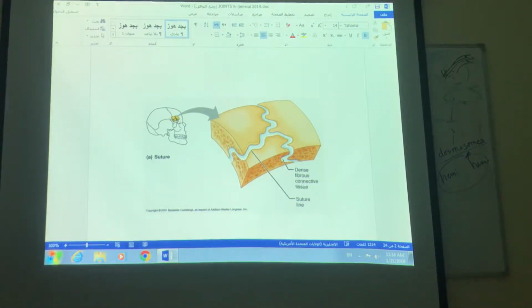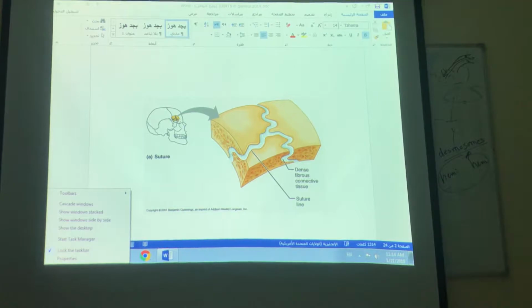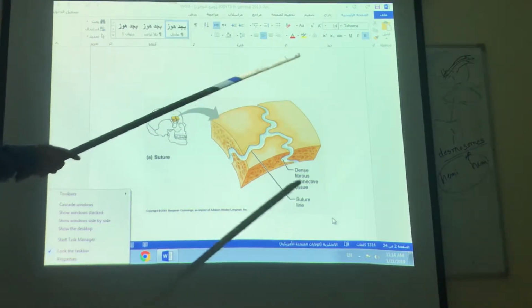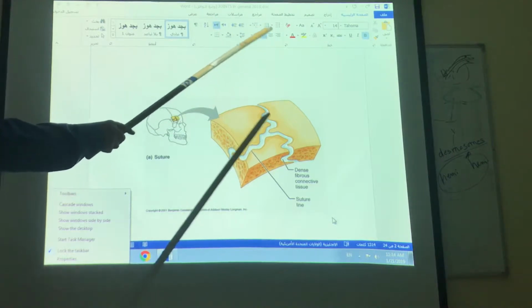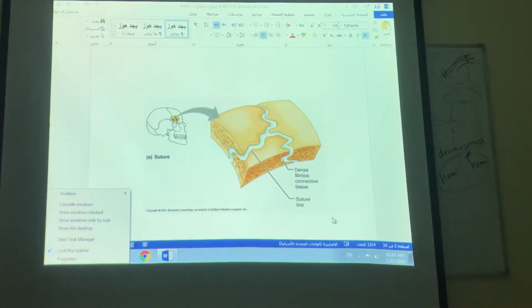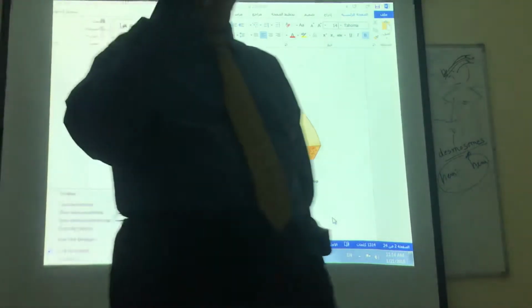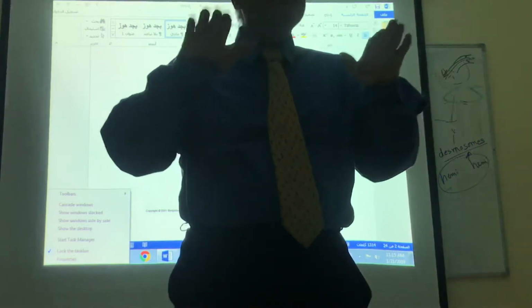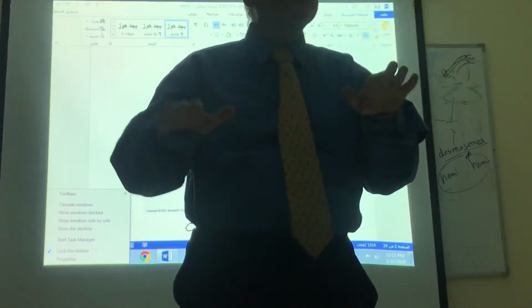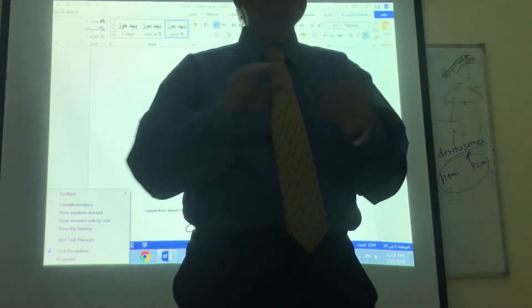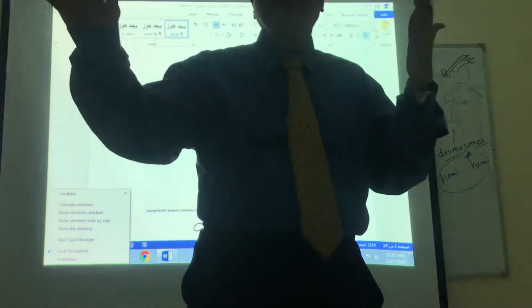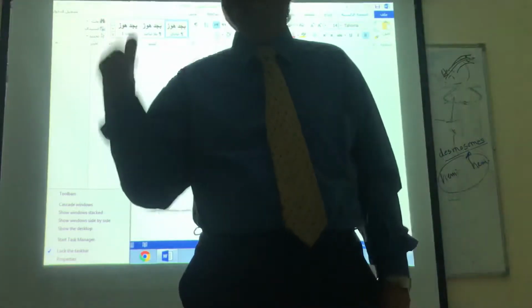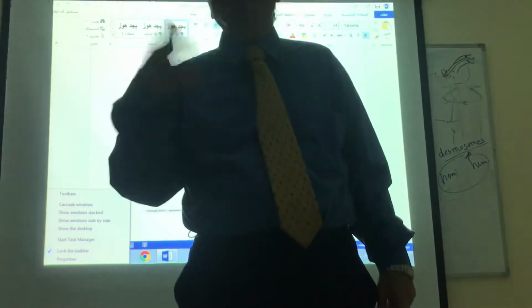Sutures is connection between the bones of the skull by sutural ligaments, which disappear in old age by ossification. This is the first type of joint, which is called fibrous joint. In all cases of fibrous joint, gomphosis, sutures, syndesmosis, is there movement or not? No movement. Therefore, fibrous joint is called false joint.